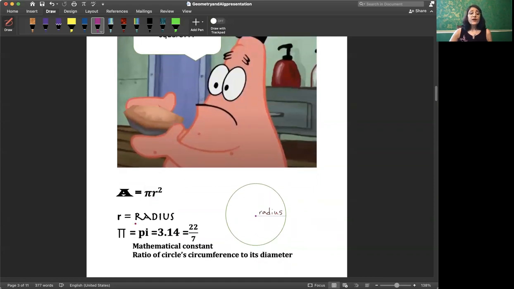So R is your radius. That is the distance from the center of the circle to any point on the circle. So it starts from the center and it radiates out and it goes to a point on the other side. So here we go, it radiates here and it radiates to a point that is on the circle.